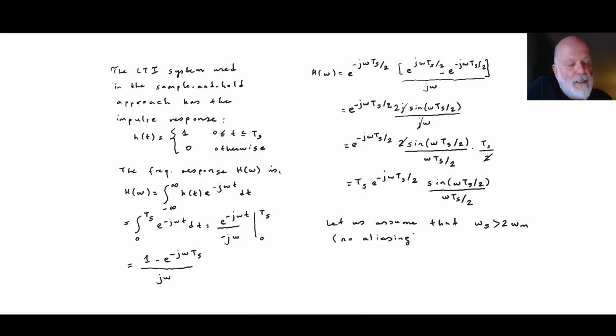That means the shifted replicas of the Fourier transform of x of t will not overlap. So we will be able to obtain the original signal by low-pass filtering.